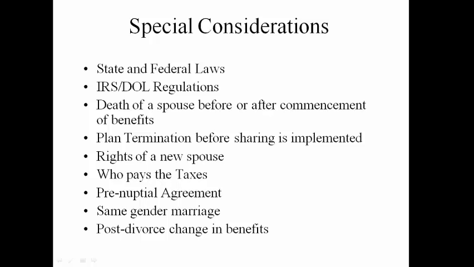Well, if we don't stipulate in the order what happens if the plan terminates, again, the plan administrator is lost, will make a choice that may be inaccurate, or has to go back to court to determine what do I do now, especially when the plan's termination involves a surplus of assets, especially in a defined benefit plan, when that surplus is due to go back either to the adopting employer or to the participant.